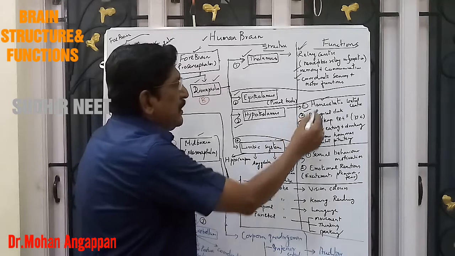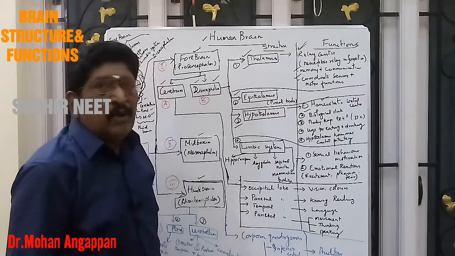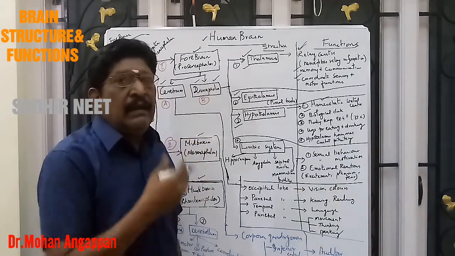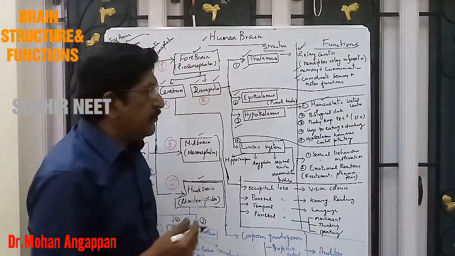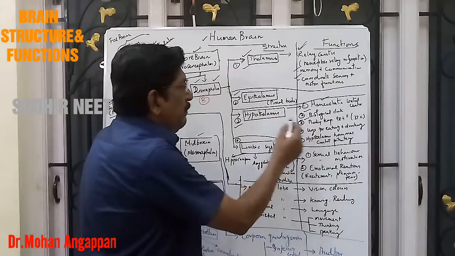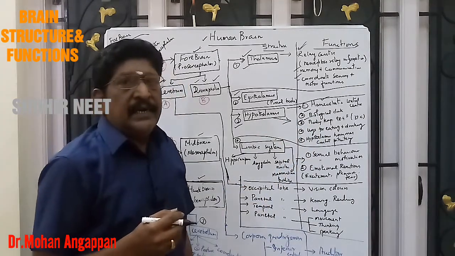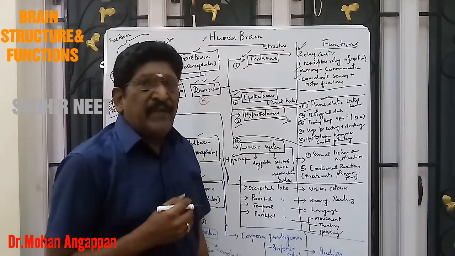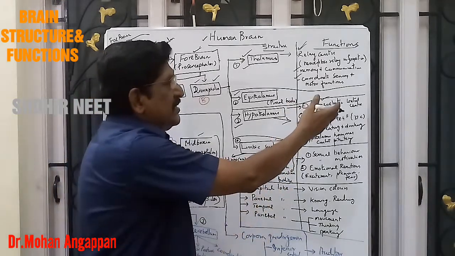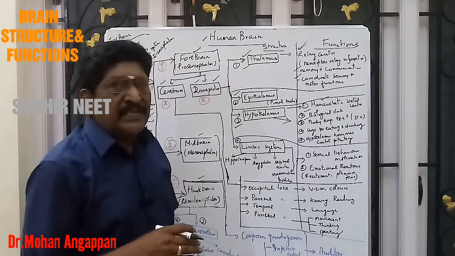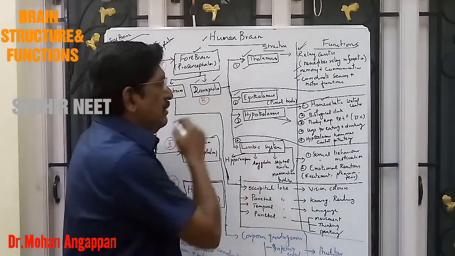It is also called the biological clock, since it regulates the biological activity of the human body. Third, the hypothalamus is responsible for maintaining our body temperature, that is 98.4 degrees Fahrenheit or 37 degrees Celsius, our normal body temperature.